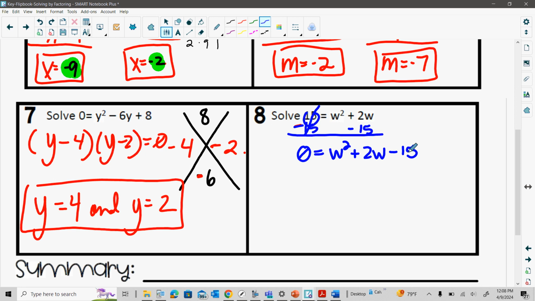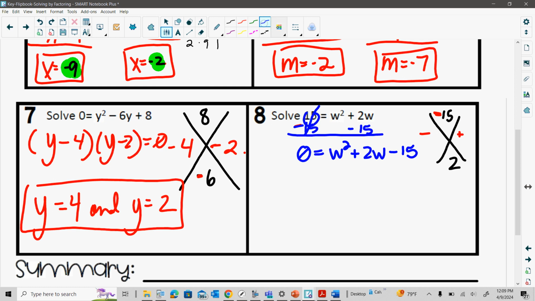Now from here, I can do my puzzle. Okay, -15 is the last term. The 2 is the middle term. I'm looking for factors. And here's another clue. If I have a negative at the top here, the only way I can get a negative product is if one's positive and one's negative.